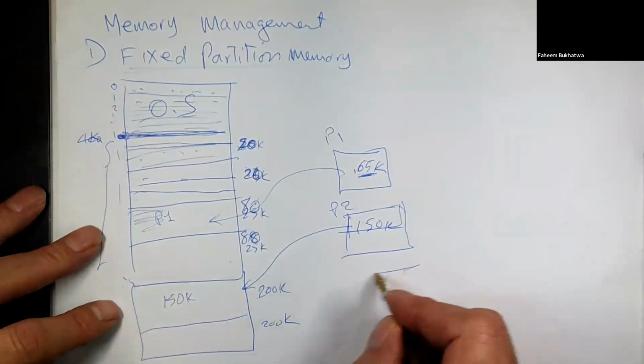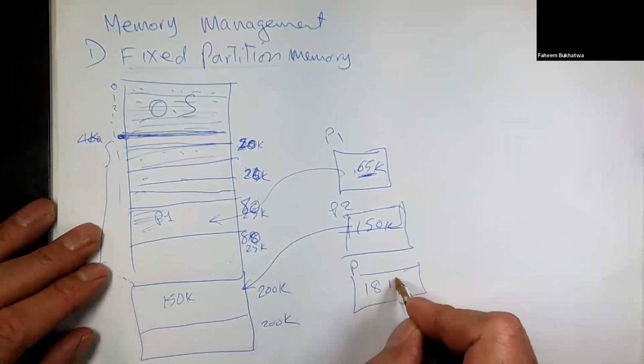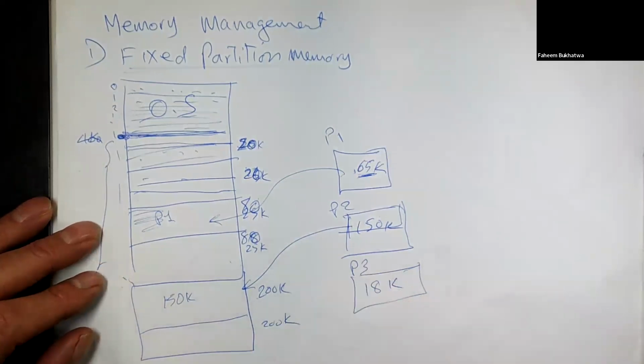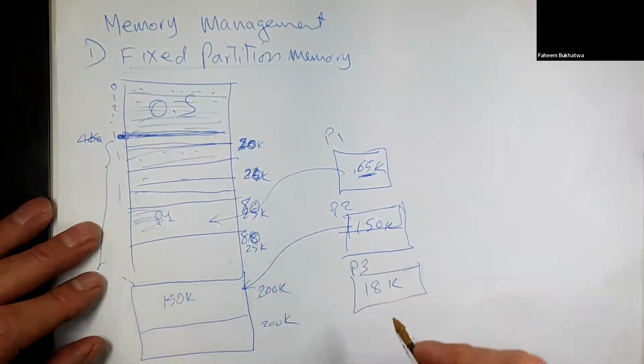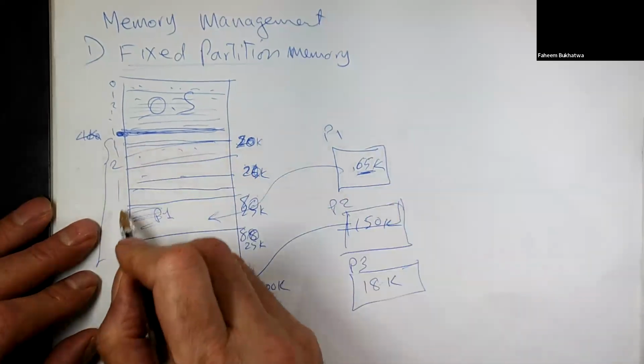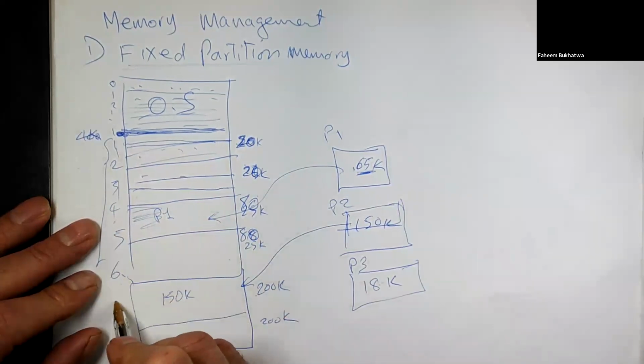The next program that comes in, program number 3, let's say it's 18K. Where do you think the operating system will locate this program? Which block? Block 1, 2, 3, 4, 5, 6, 7, or 8?